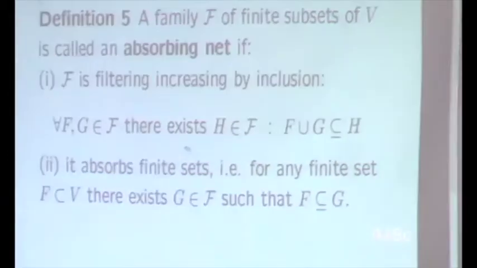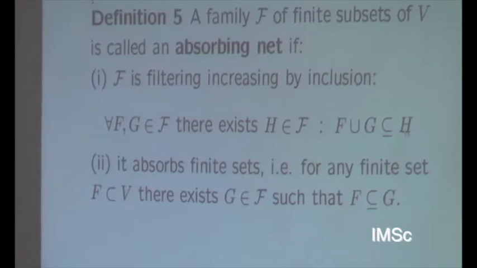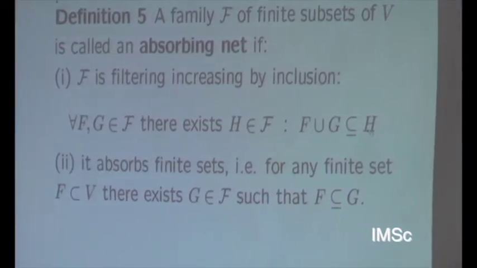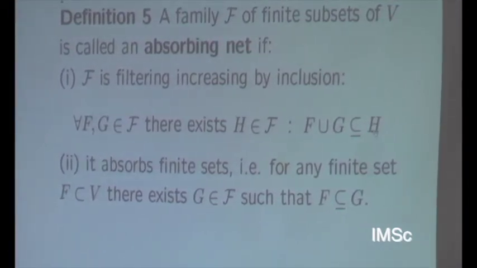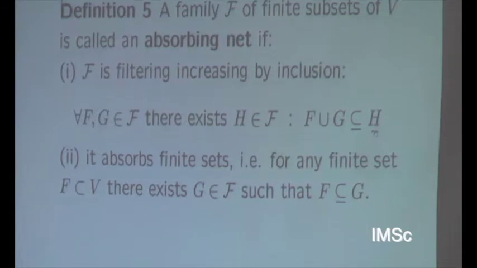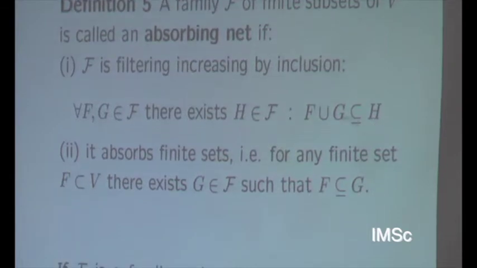Filtering increasing means that if you have two elements of this family, the union is contained in some subset of the family. This is filtering increasing. And the family absorbs all finite sets, which means, like this sequence of intervals, that if you take any finite set, and I take n large enough, it is contained in the interval 0, n.